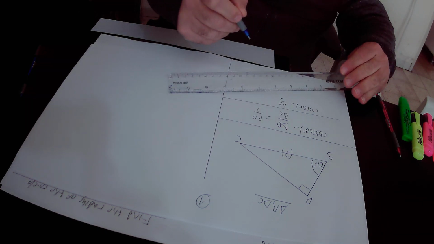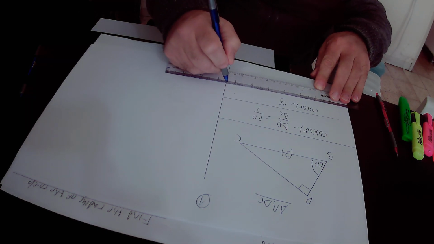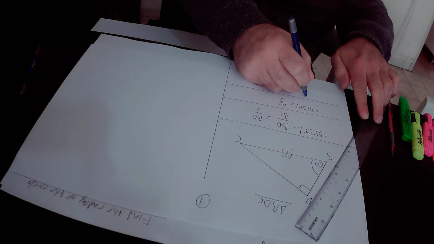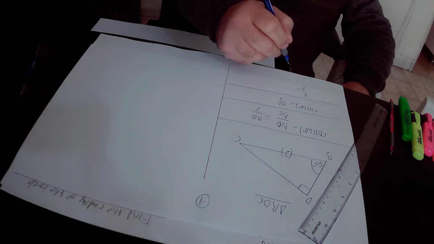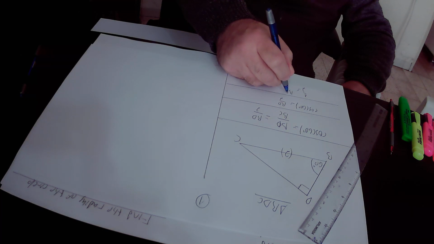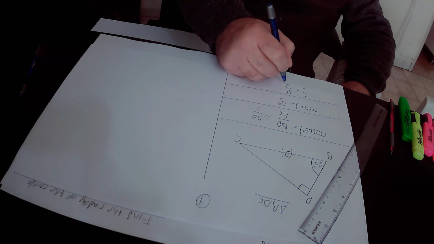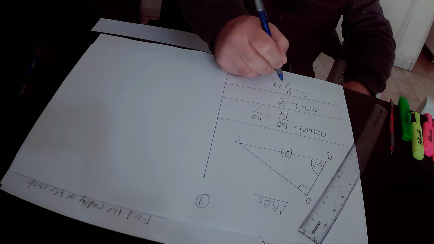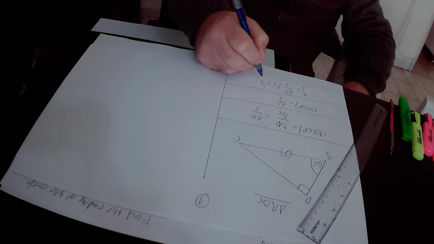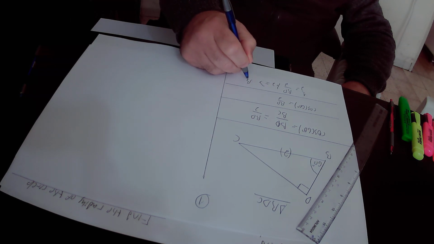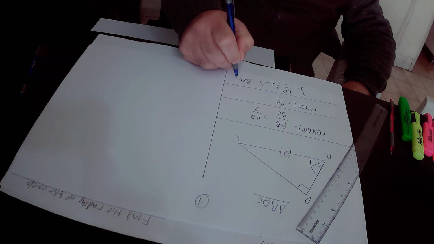Cosine 60 degrees is 1/2, so we substitute cosine 60 degrees by 1/2. So 1/2 equals BD over 2. Here we multiply this equation by 2, and finally we get that BD equals 1 unit in its length.